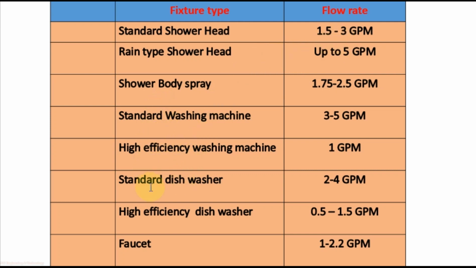for a standard dishwasher we have from 2 to 4, so we will select the maximum for GPM. For the faucet, it ranges from 1 to 2.2, so we will select 2 GPM for it. For a high efficiency washing machine, it is normally very low, so we will select 1 GPM from here.